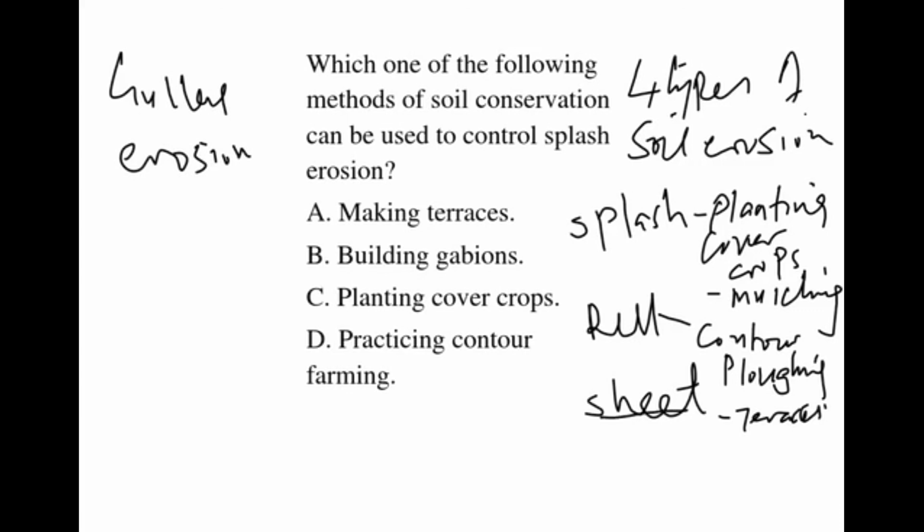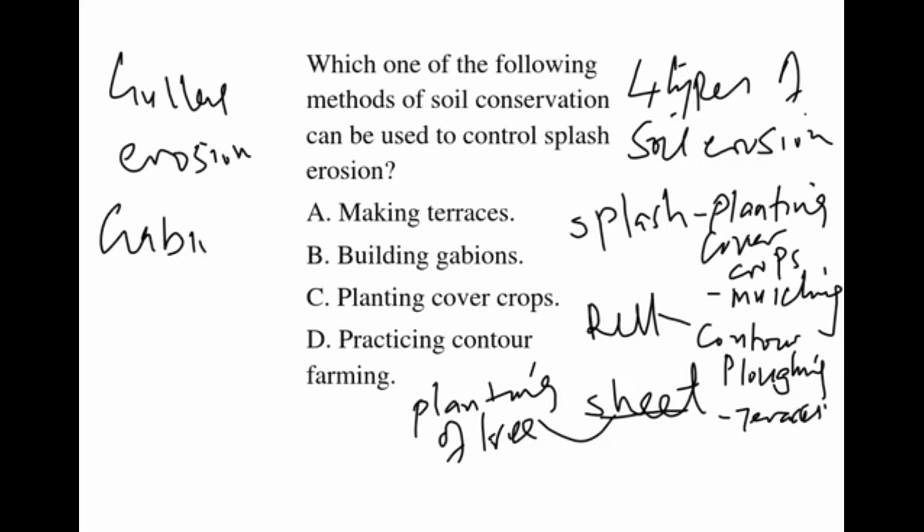Sheet erosion can be controlled through planting of trees, while gully erosion can be controlled through building of gabions, or what you call check dams. Therefore, splash erosion can be controlled through planting of cover crops.